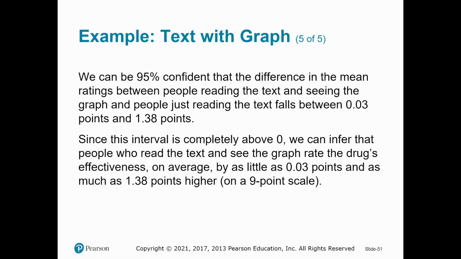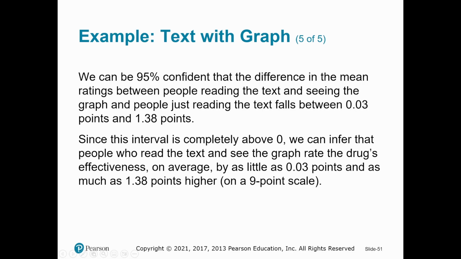interpretation is that this mean difference, which we hypothesize to be 0, is fixed. It is what it is. We don't know the true mean difference. We can hypothesize and say, hypothetically, suppose the mean difference is 0.